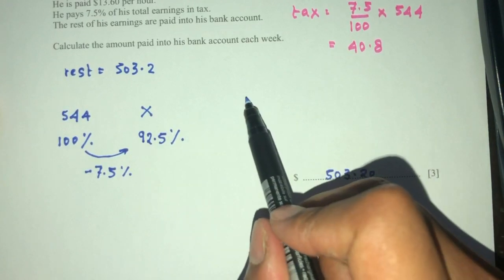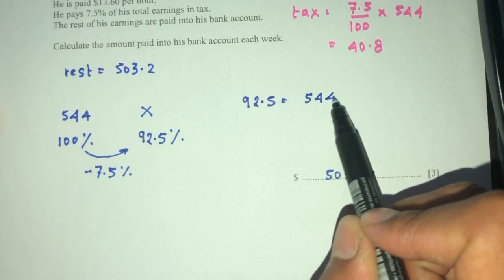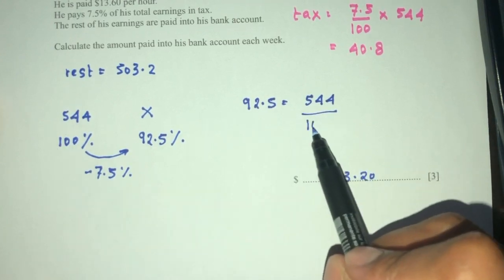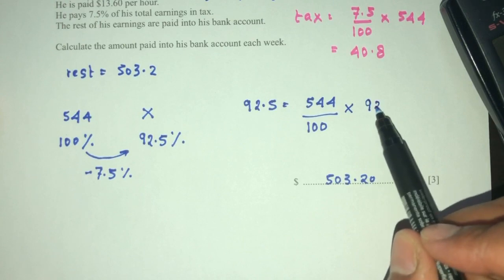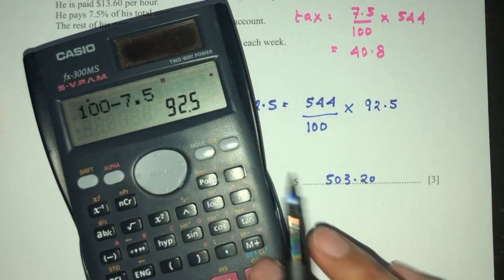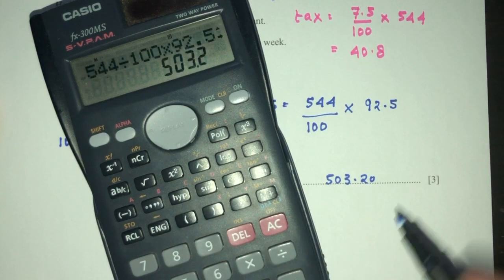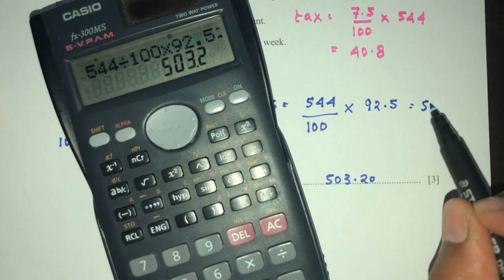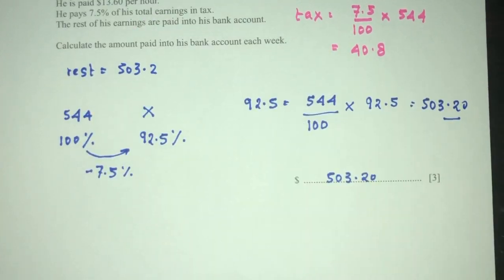So one by one, 92.5 is equal to 544 divided by the ratio, and then times 92.5. And that should give you the same value as well. It is just another way of solving this question more directly. So also 503.20 will be your answer. That will be part B of your question.